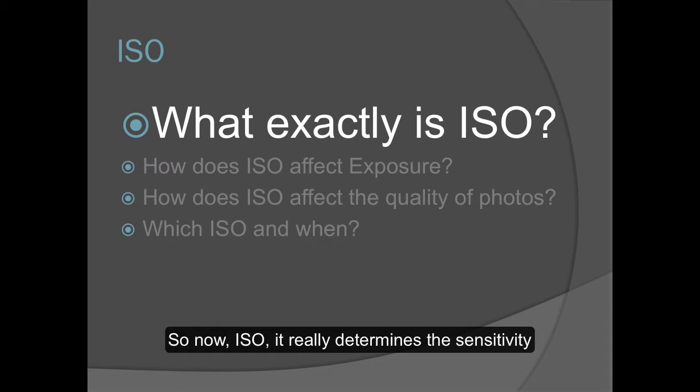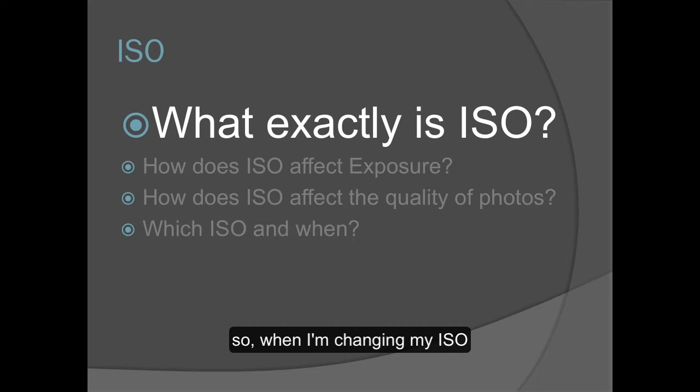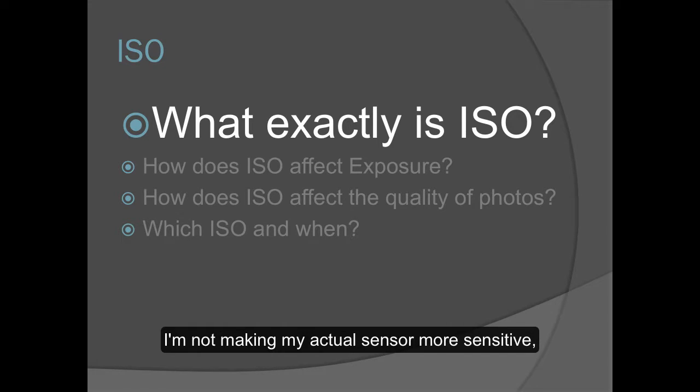Now ISO really determines the sensitivity of the sensor in your specific camera, and it then affects the exposure of the photos. Remember, every camera is different. The actual sensitivity of the sensor can't be changed. So when I'm changing my ISO, I'm not making my actual sensor more sensitive.